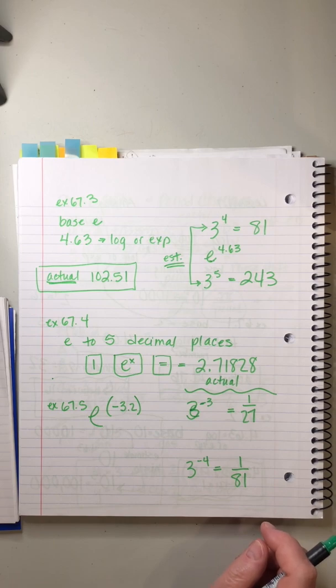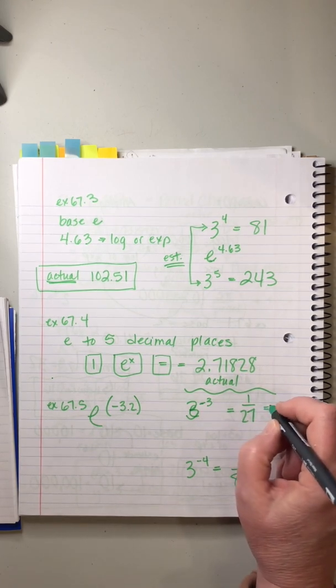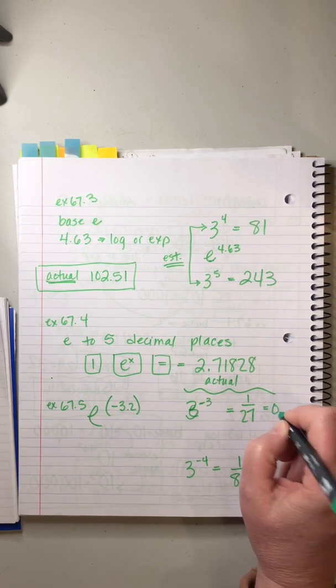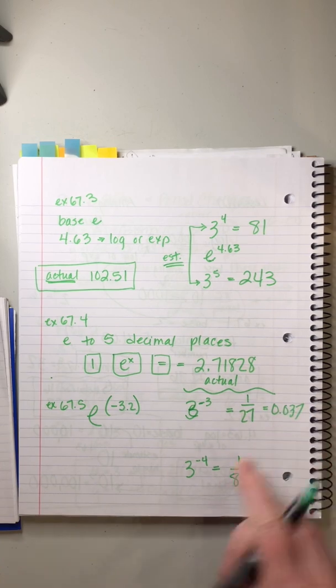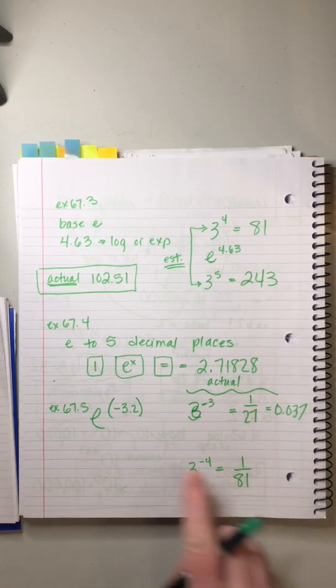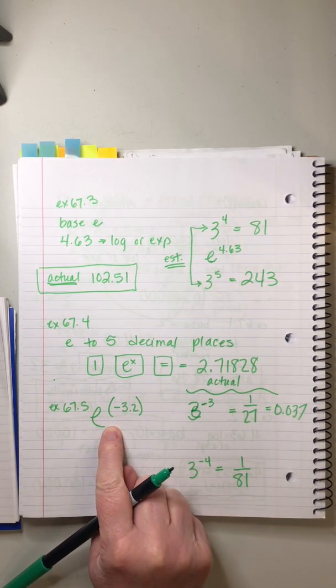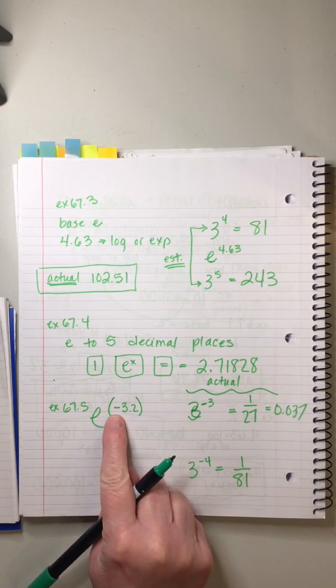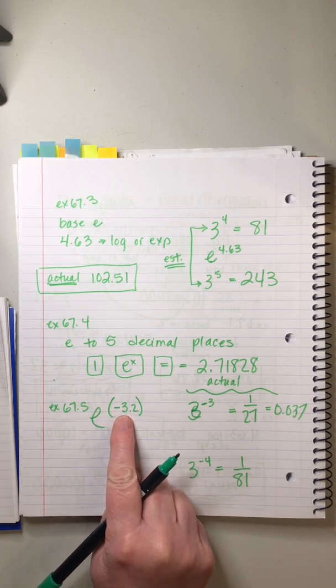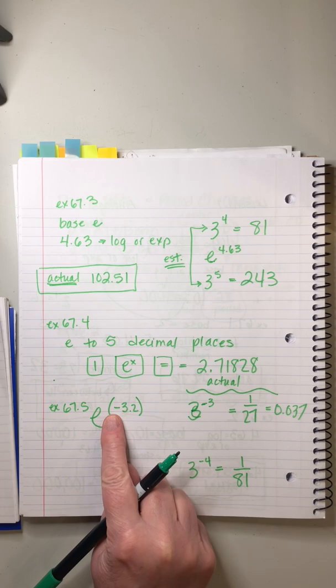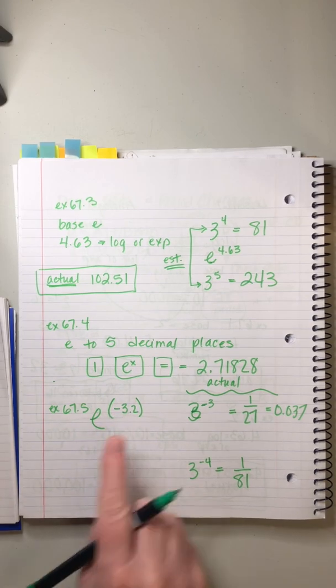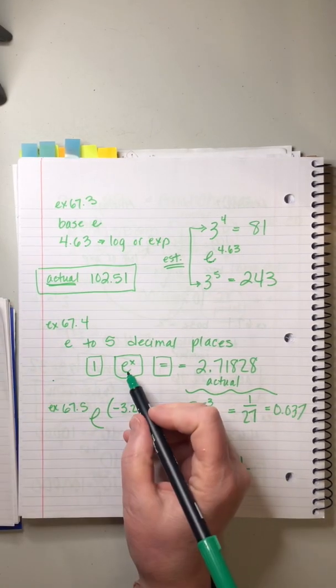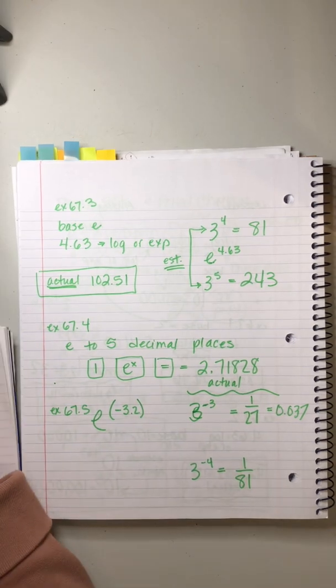And we need decimal numbers for those. I know 1 over 27 equals 0.037. I don't have this number handy. Let's use the calculator to run this through. Again, this time what you would do is you would enter 3.2 and then hit that positive negative key to flip the sign on that, and then e to the x, because we've got the base of e.